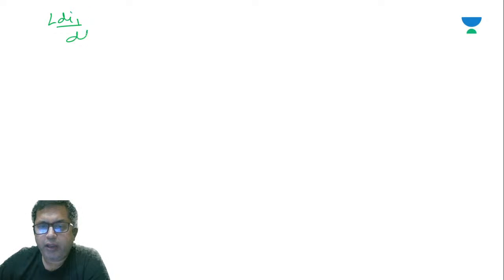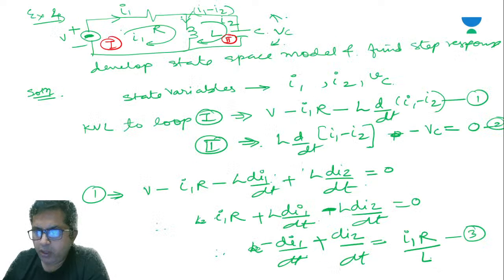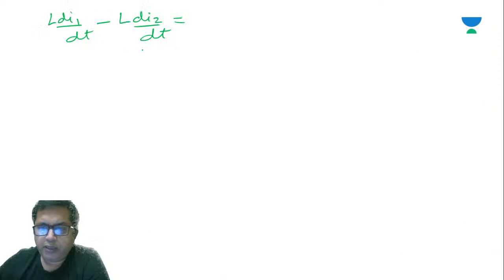L dI1 by dt minus L dI2 by dt will give me Vc.